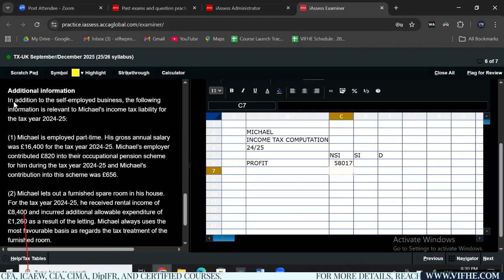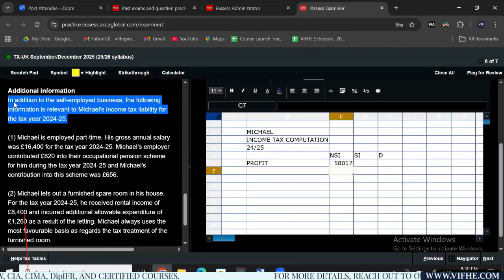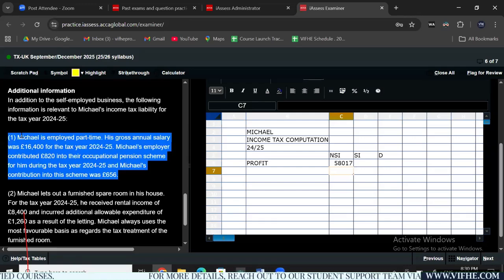It says that in addition to self-employment business, the following information is relevant to Michael's income tax liability for the tax year 24-25. The first information is that he is employed part-time. His gross annual salary is 16,400, and his employer contributes 820 into their occupational pension scheme for him in the tax year 24-25, and Michael himself is contributing 656.